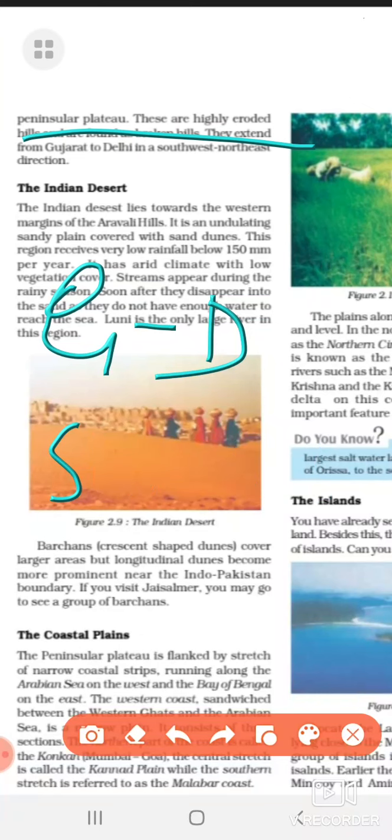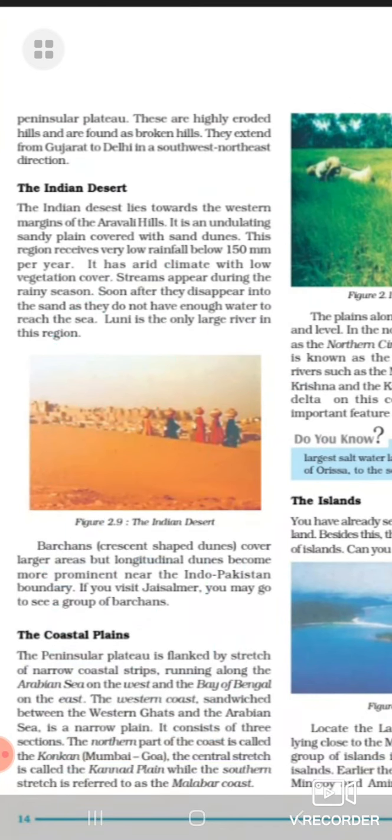Then we talked about the Western and Eastern Ghats, which lie towards the west and east sides of the Deccan plateau, and this is very, very important. In the exam, the difference between the Western Ghats and Eastern Ghats is very, very important. So this is over. The next topic will be continued next day. Thank you.